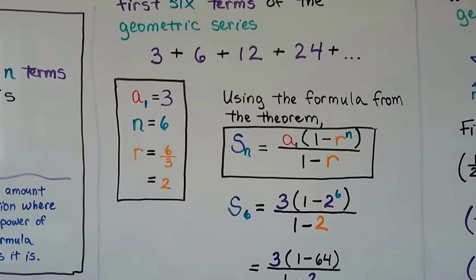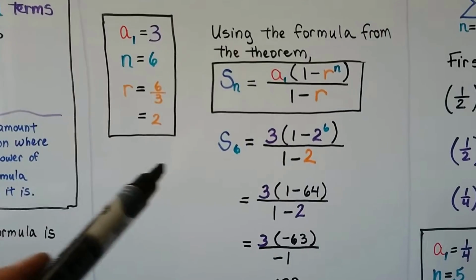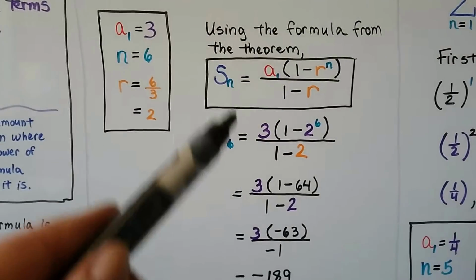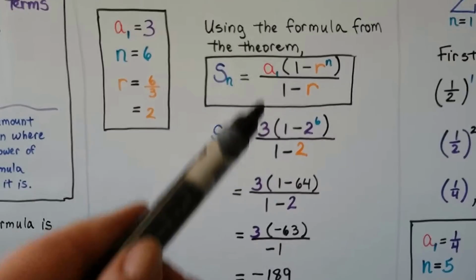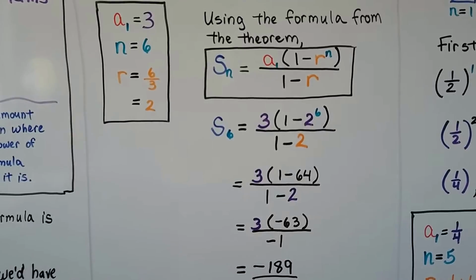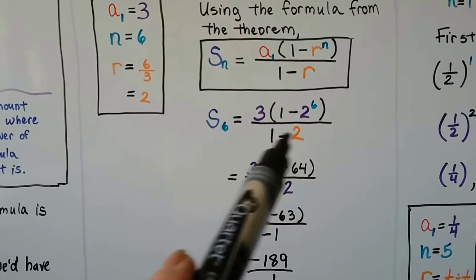Then using the formula from the theorem, this guy, we put all this information into the formula, and we have S sub 6 is equal to, see, the 6 was the n, 3, that's a sub 1, times 1 minus 2 to the 6, divided by 1 minus 2.